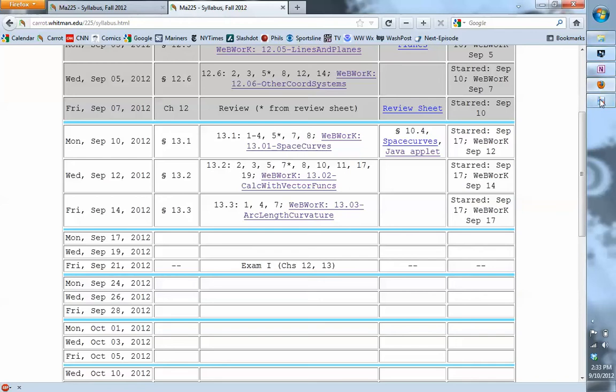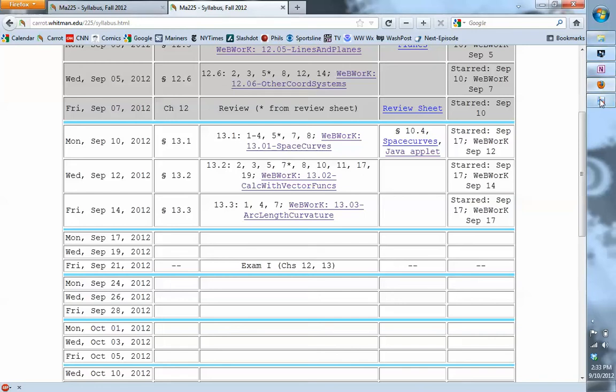Everything that we do for the remainder of the semester really depends on a good understanding of what a space curve is. So what I'm going to do today is show you a couple of computer demonstrations of space curves, and we're going to talk about the geometry of space curves.